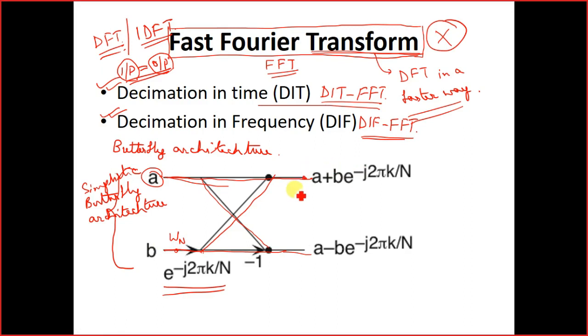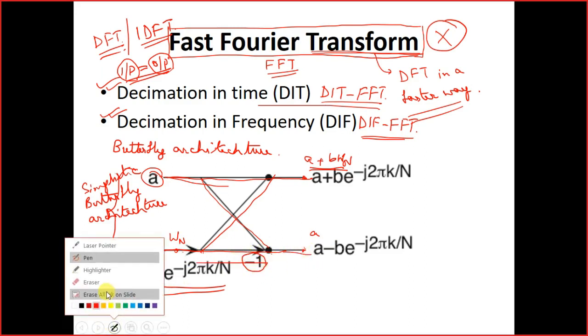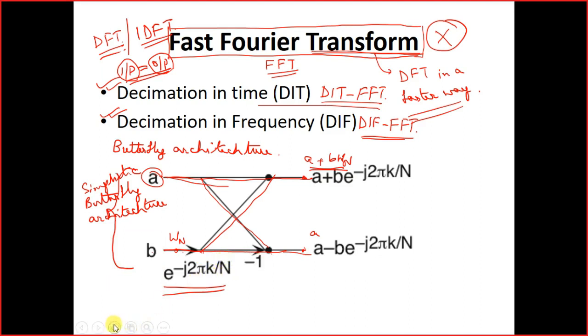If you follow this signal flow, we get A plus B Wn over here, and at the lower end we get A, whereas B gets multiplied by Wn but then also multiplied by minus 1, so it becomes minus B Wn.